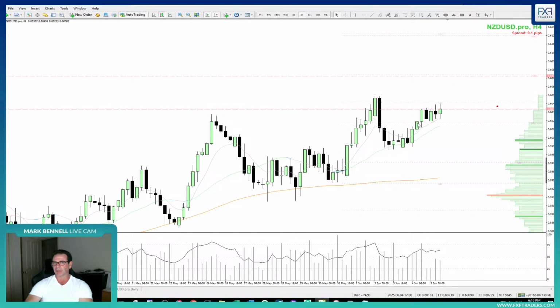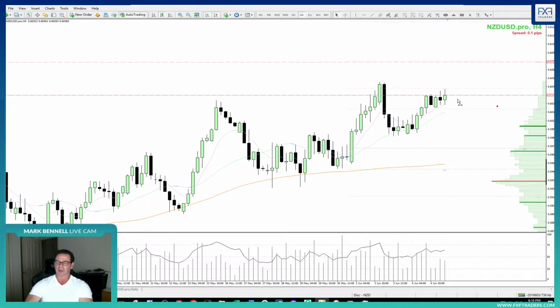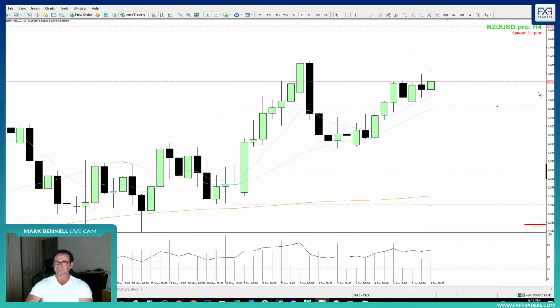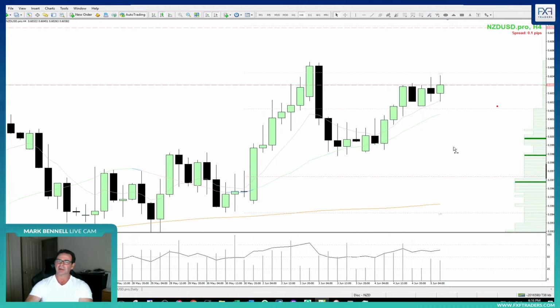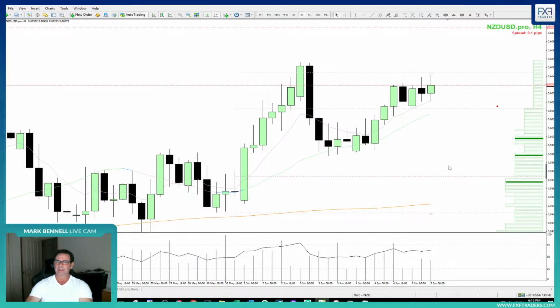I wanted to see a pull out before getting interested. So look, we got that little IO through here. Inside, outside. So that's the igniter, igniting pattern. So I hope a few of you saw that one as well. Entry through there.